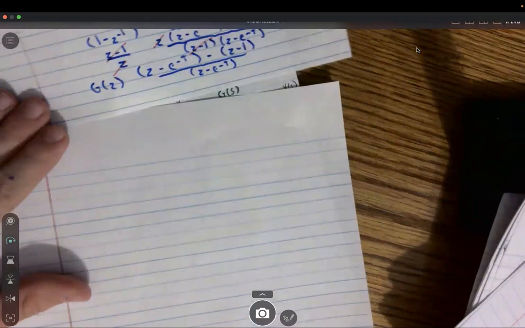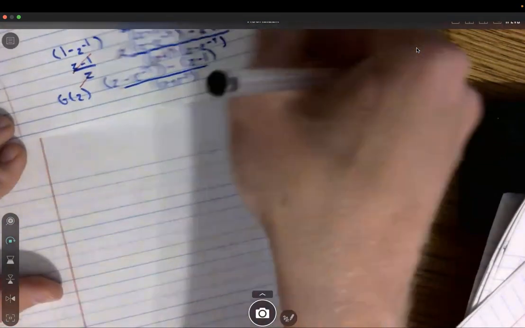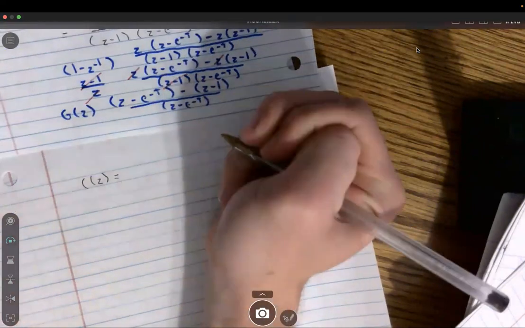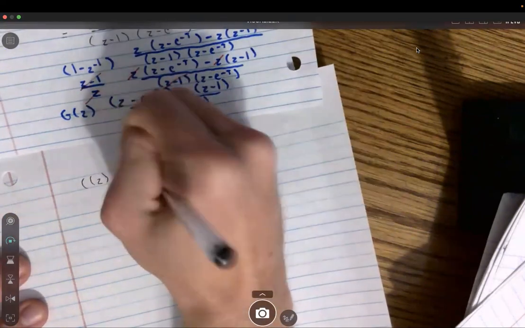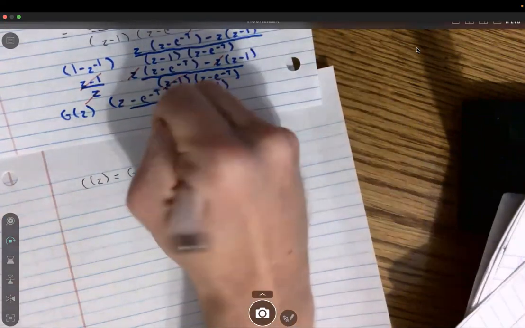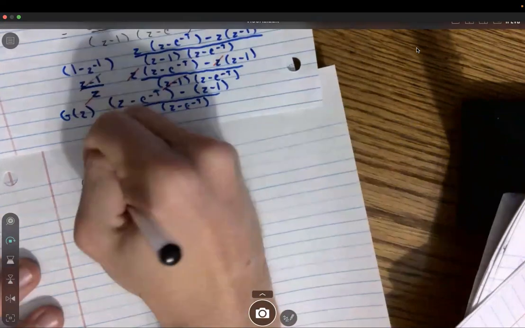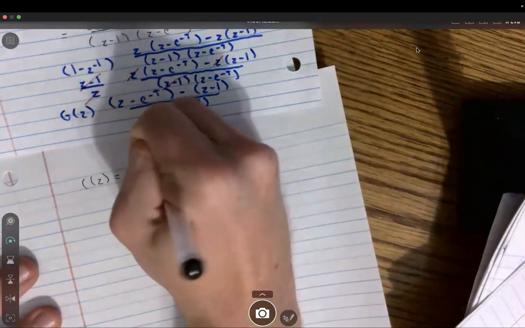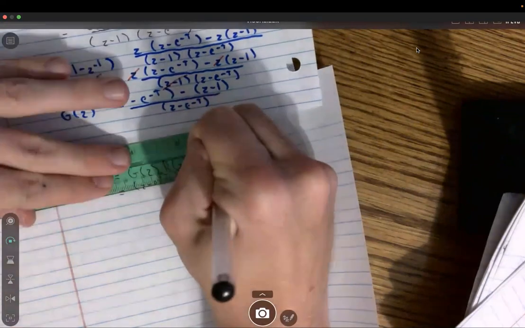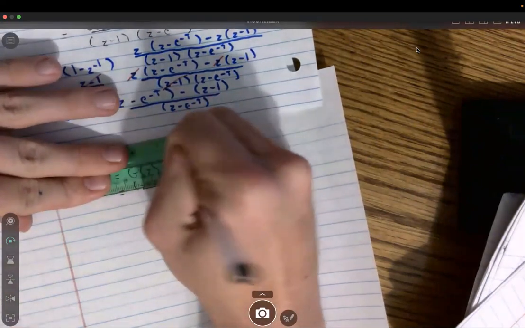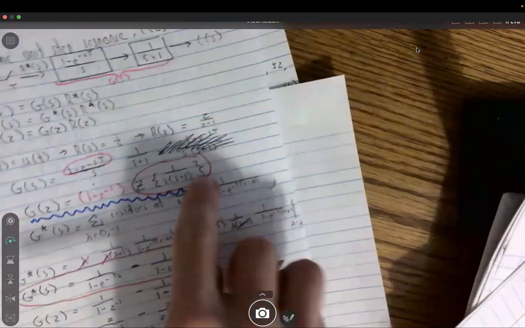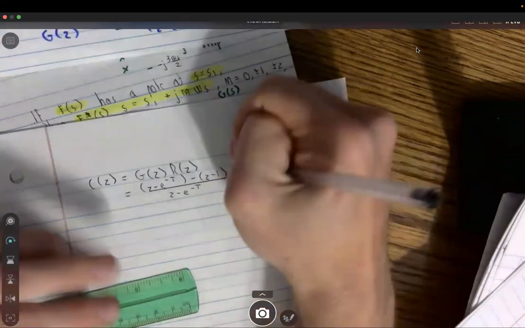So going from up here, we're going to get C(z) equal to your transfer function G(z) multiplied by your input R(z). Plugging those in, we got z minus e to the negative t, minus z minus 1, all over z minus e to the negative t. And then what is our R(z)? Remember, we calculated that. It was z over z minus 1.